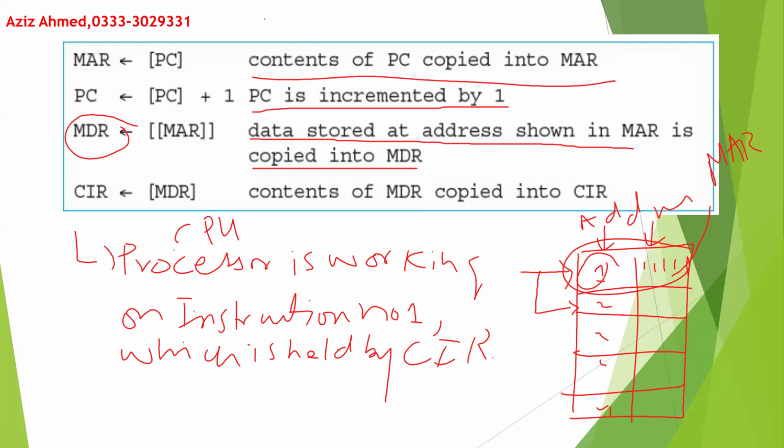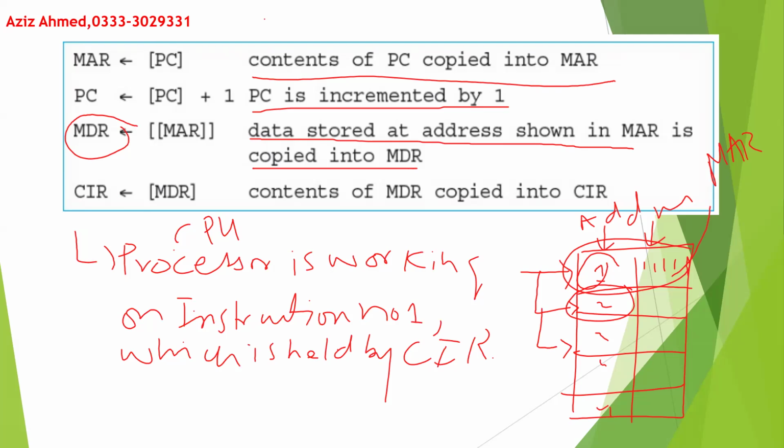Now, after completing instruction number 1, the CPU will go again to PC, and PC is pointing to instruction number 2. Got the idea? So whenever the CPU picks instruction number 2, PC will update. Now it will point to instruction number 3.